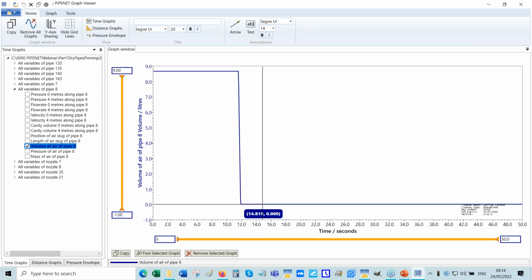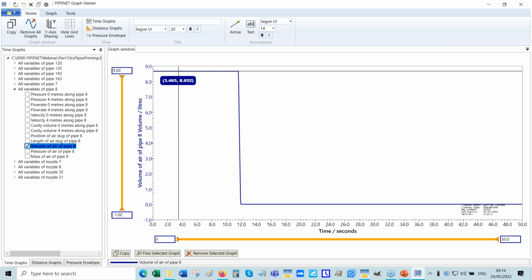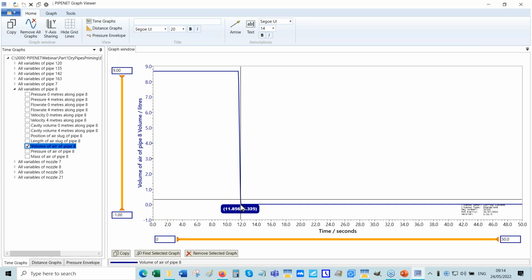See, the volume of air just goes to 0 from the initial volume. Because as soon as water gets there, and because we're not considering cushioning effect, PIPENET will assume that it's completely full of water. It has gone up in more or less an instant.